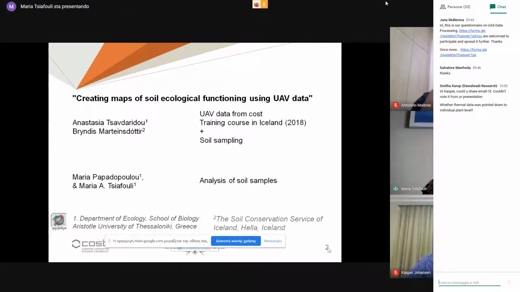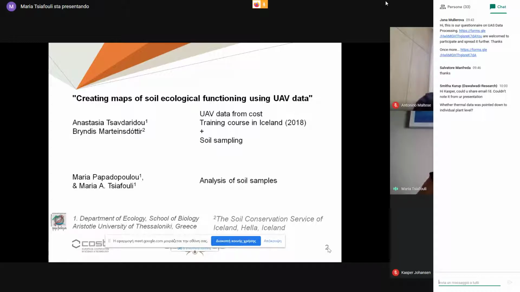In the training course in Iceland in 2018, there was Anastasia, a PhD student of our laboratory. She took part in this training course and she used the UAV data. But together with Brindis, who is working in the soil conservation service, she also took soil samples and shipped them to Greece, and we analyzed them in our laboratory.